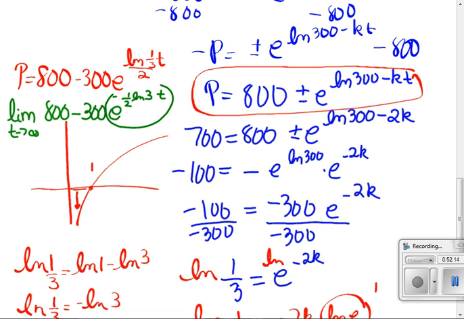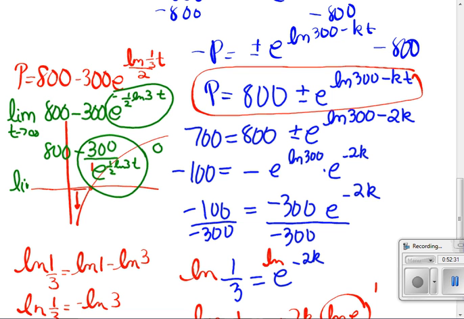What's going to happen to this if t is going to infinity? That's really this. It's 800 minus 300 over e to the 1/2 log of 3 t. That's going to 0. So what's the limiting value? 800. Yeah, so it's really not that bad.